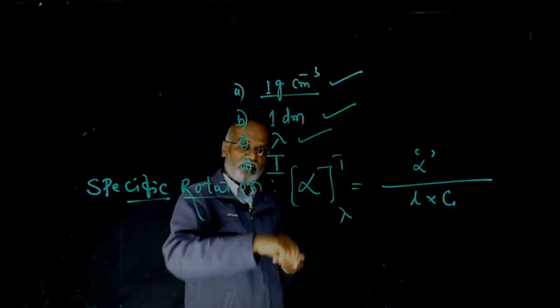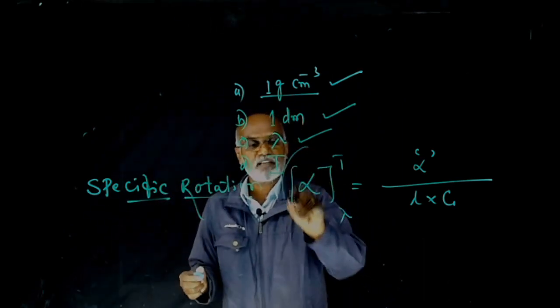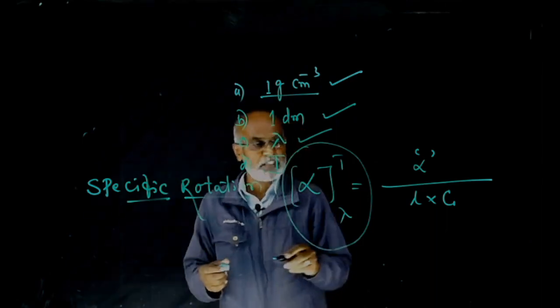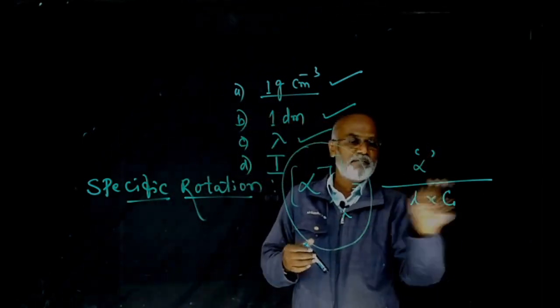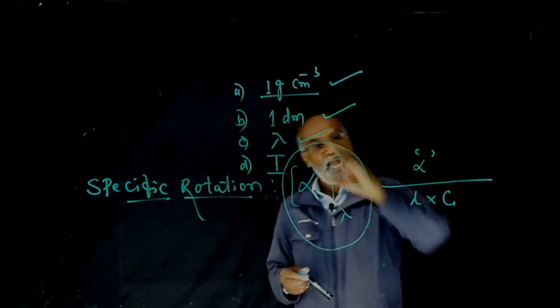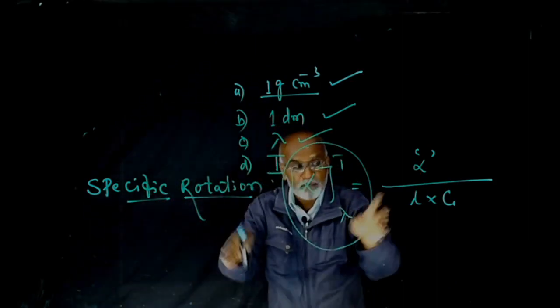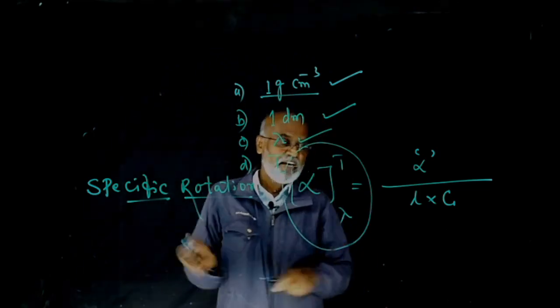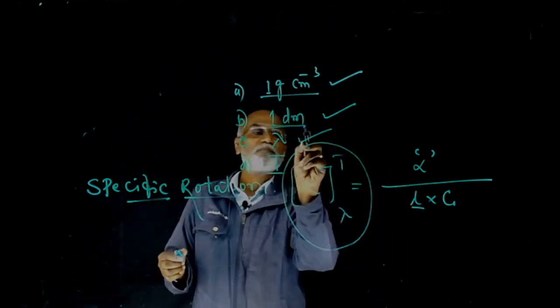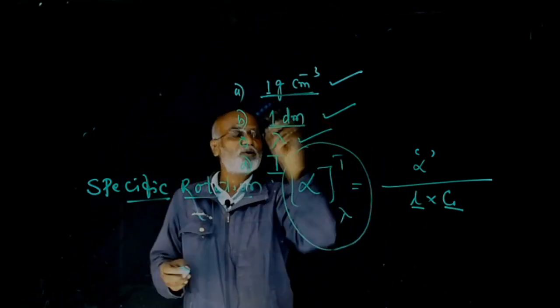I hope now you can understand. So this is the symbol for specific rotation. This specific rotation is given by alpha divided by L into C, where alpha is the angle of rotation which we are going to observe at the time of doing the experiment, L is the length of the solution, and C is the concentration of the solution.